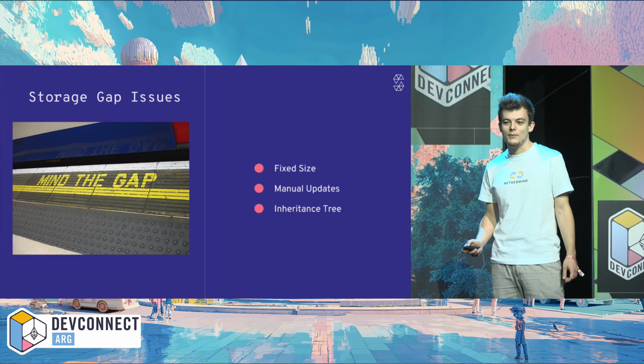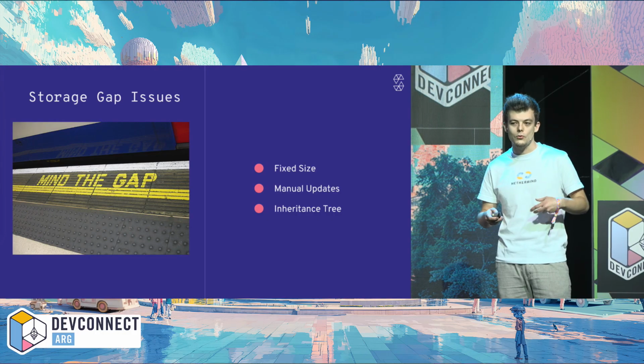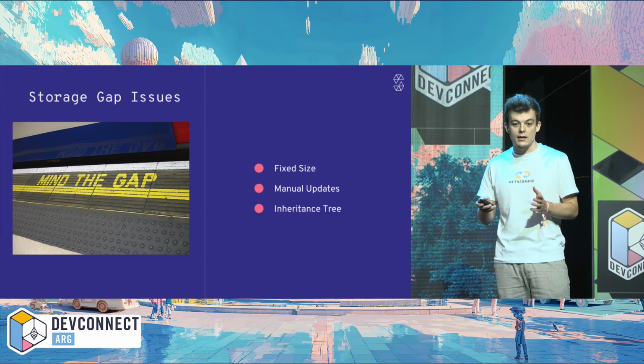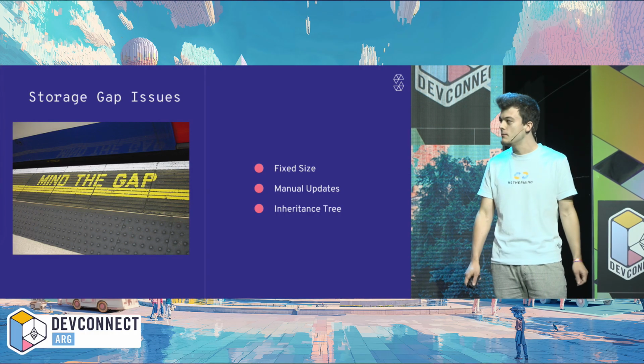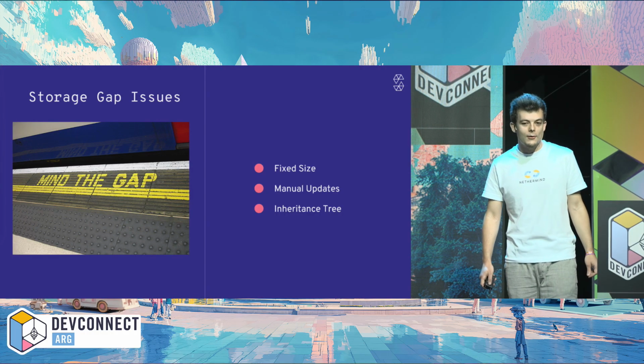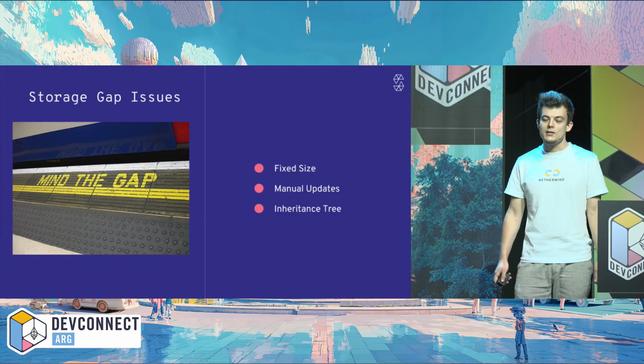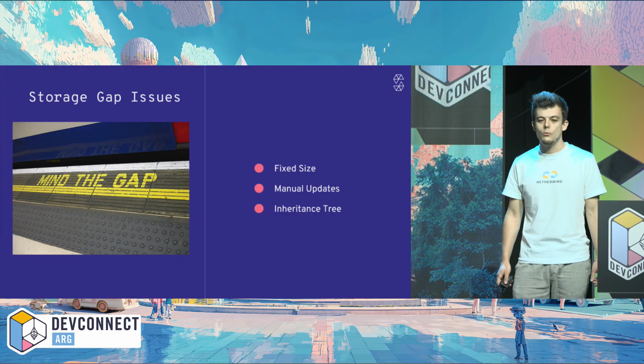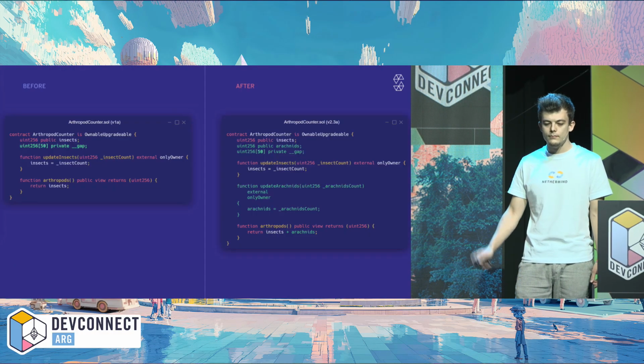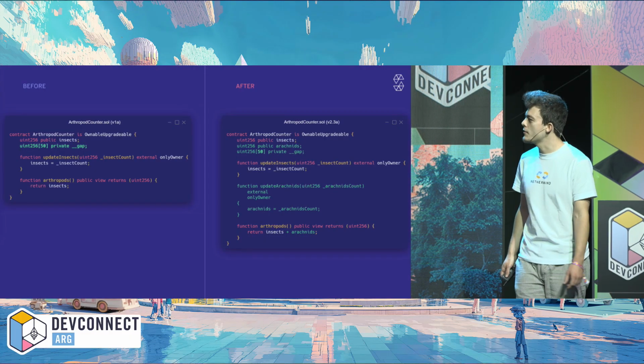You basically have to make sure every time you modify storage in an upgrade, you align the storage of the gap to make sure it compensates for any new variables you added. And then, of course, the inheritance tree does not really play well with the storage gaps, but we're going to see that.